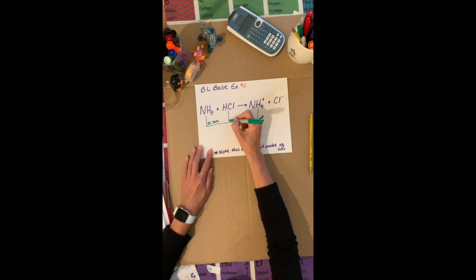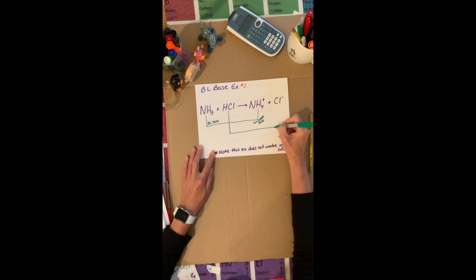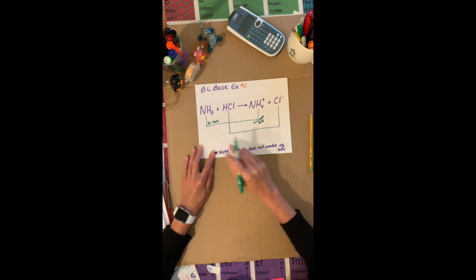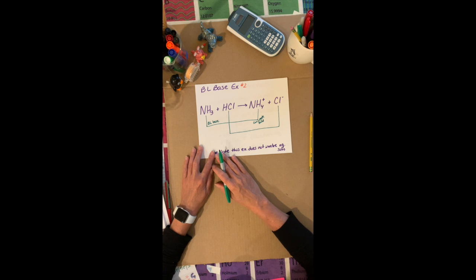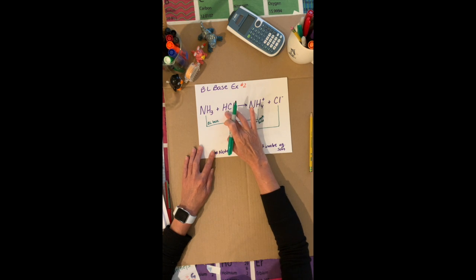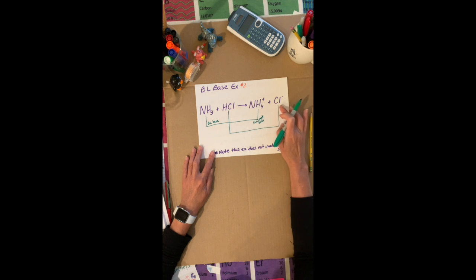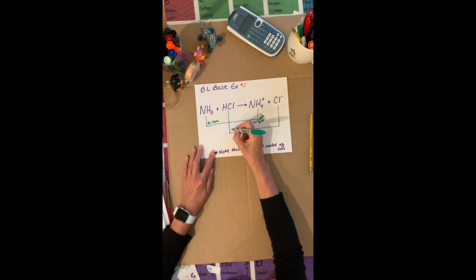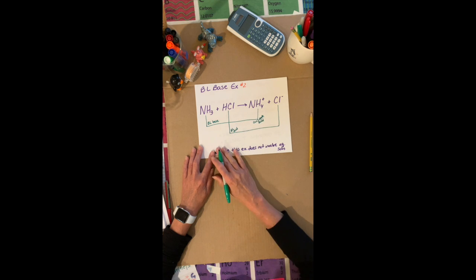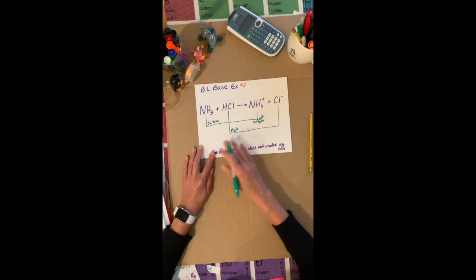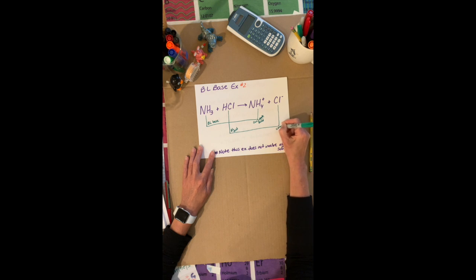Now, if we look at hydrogen chloride or hydrochloric acid and compare that to the chloride, this must have donated that hydrogen to become that. So this is your Bronsted-Lowry acid. It's a hydrogen ion donor, and its conjugate base is the chloride ion.